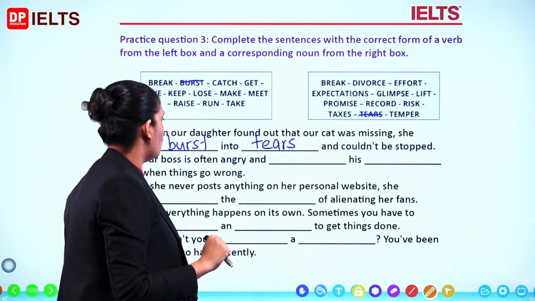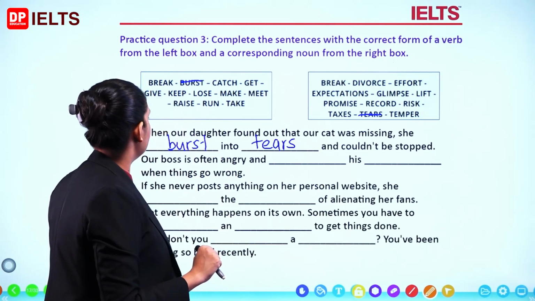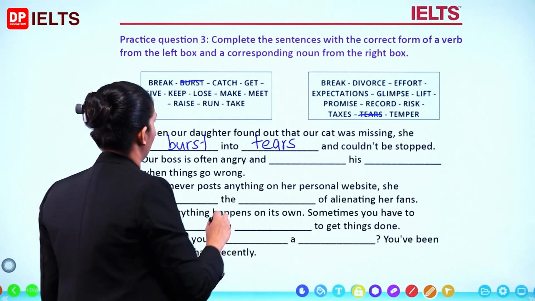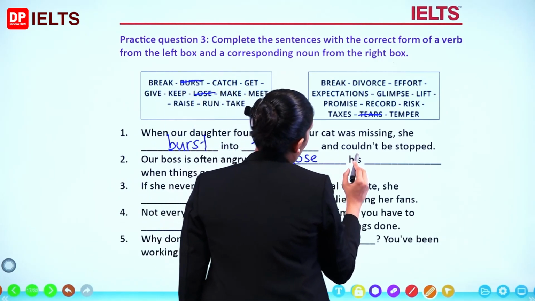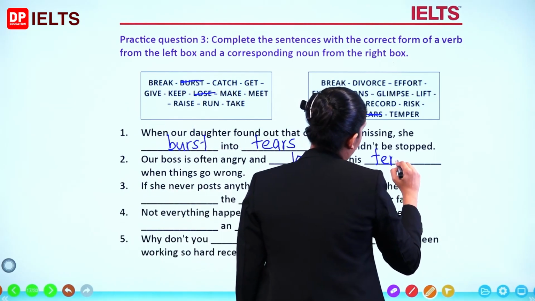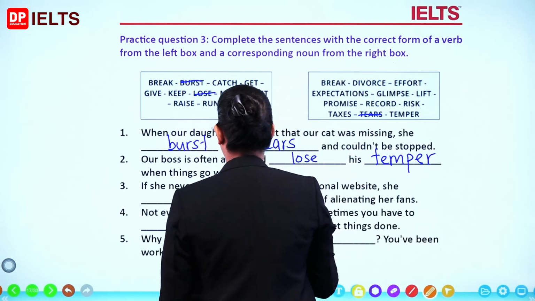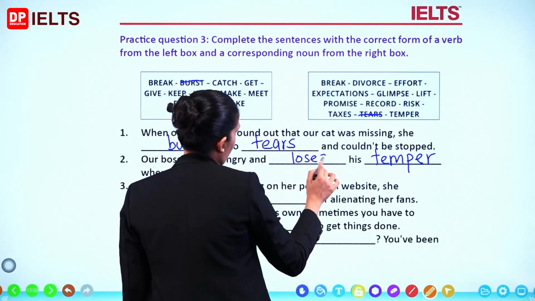Our boss is often angry and blank. He's blank when things go wrong. Okay? Angry and lose his temper. I would say our boss is often angry and loses his temper.